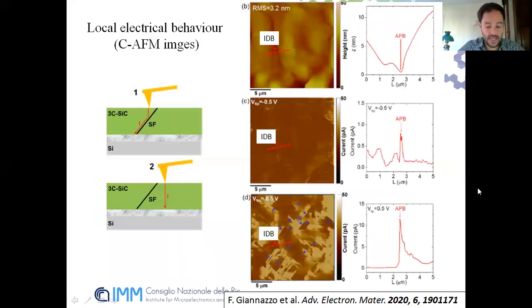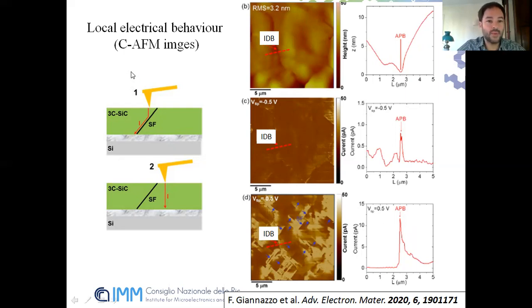In the last slide I want to show you another work done by Filippo Giannazzo with Giuseppe Greco. In this work, they studied the local electrical behavior of the inverted domain boundary and the stacking fault. First of all, they identified the inverted domain boundary by the presence of a furrow in the surface.